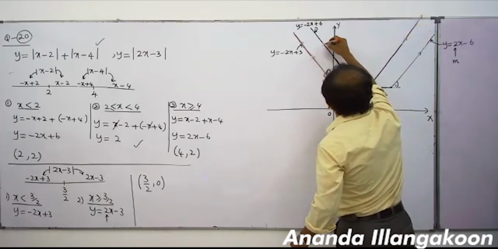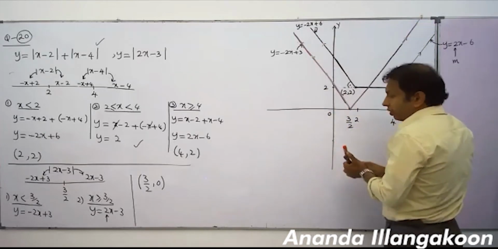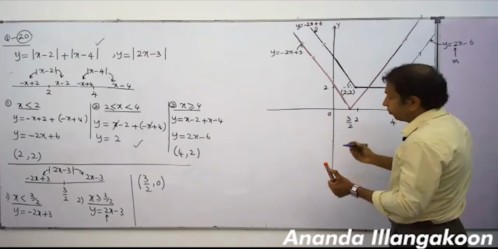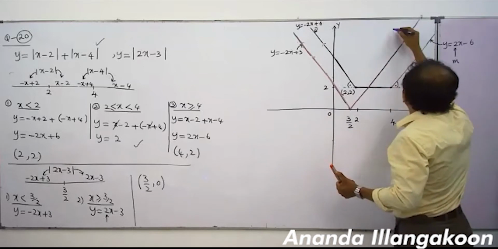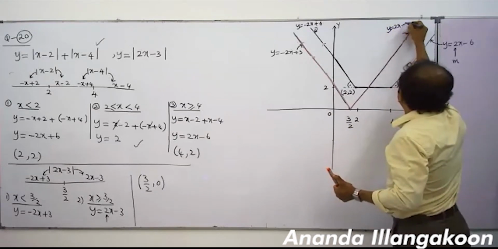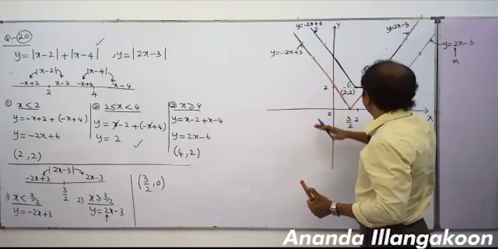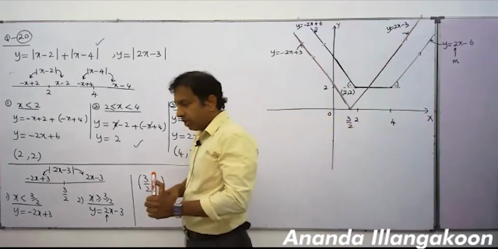The two are also parallel. The equation of this is y equals 2x minus 3, right? This is a red color one, right? Okay, I do that with the red color.